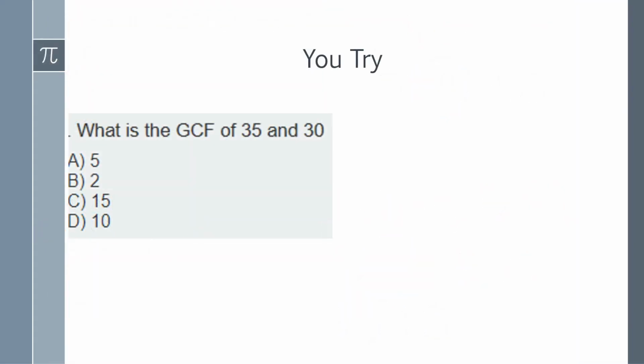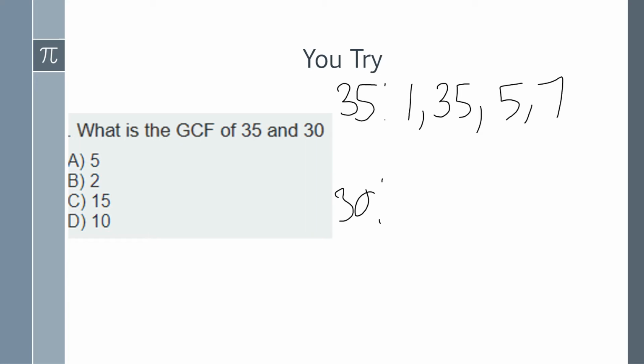All right. We should know the answer to this by now. We should know that the greatest common factor of this is 5, because if we list our factors, 1 times 35 gives me 35, and 5 times 7 gives me 35.